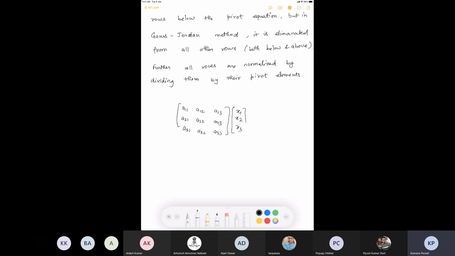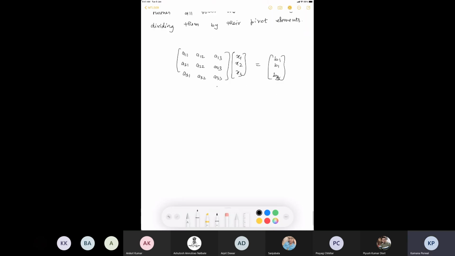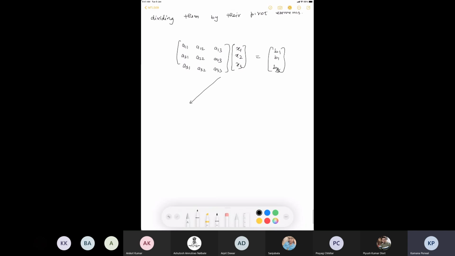So if I take again the 3 by 3 matrix, suppose we are solving this system. If I apply the Gauss elimination, what is going to be the output? The final matrix is going to be an upper triangular matrix, right? So the first row will remain as it is. The second row will have 0 here, and the next entry will be modified to A22 prime.